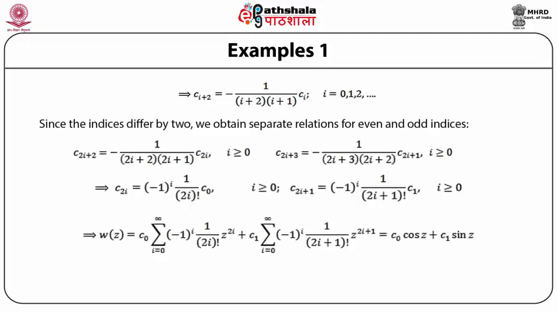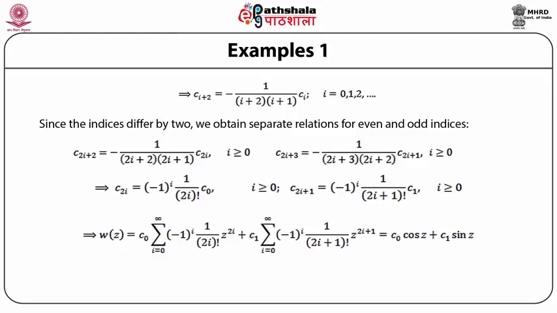Since the indices in the recurrence relation differ by 2, we obtain separate relations for even and odd values of the index. This yields the two expressions as c_(2i+2) is equal to minus 1 by (2i plus 2) into (2i plus 1) multiplied by c_2i.